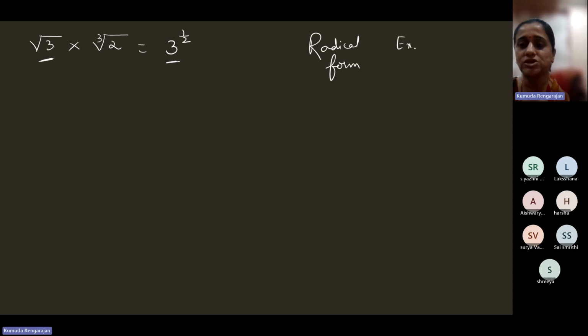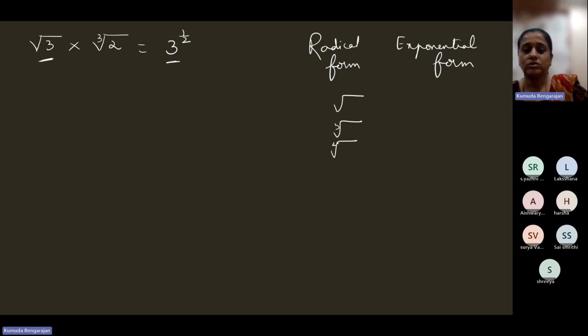The other is the exponential form. When you write them as surds, square root, cube root, fourth root, it is said to be in the radical form. The exponential form equivalent to them will be like this. For square root, it is to the power 1 by 2. Cube root to the power 1 by 3. Fourth root to the power 1 by 4, and so on.